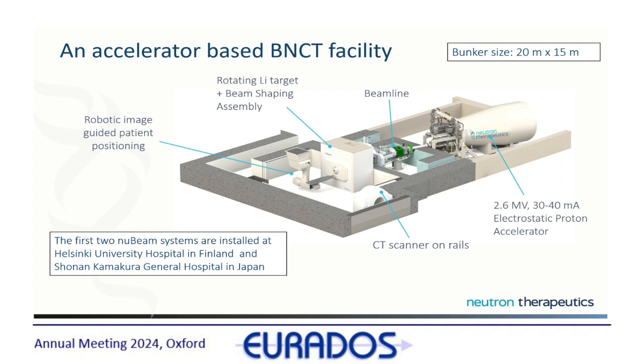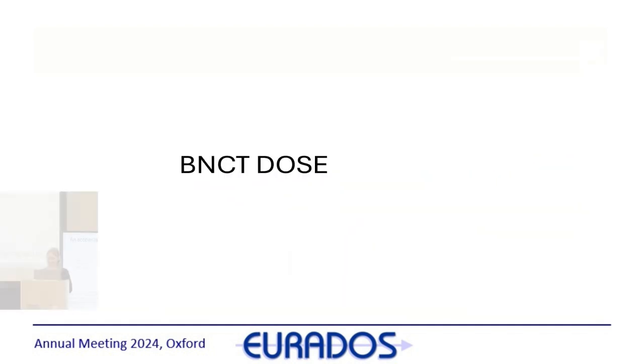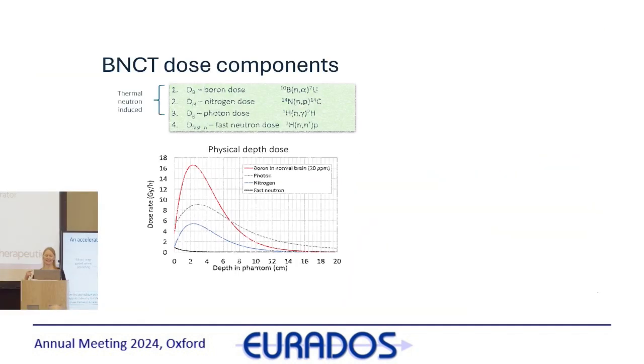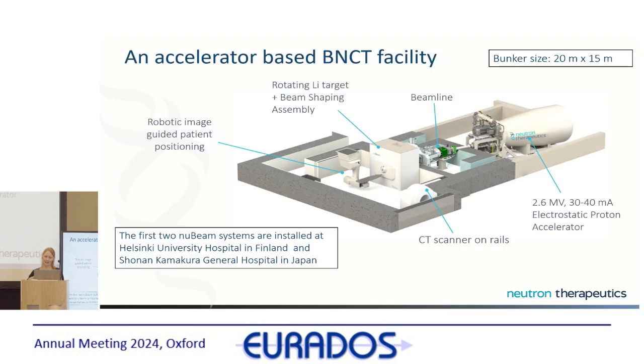These protons are guided to the treatment room. There is a beam shaping assembly, and inside it there is a rotating lithium target, which is used to produce neutrons. When these 2.6 MeV protons hit the lithium target, about 700 keV neutrons are produced, and they need to be slowed down to a 10 keV beam. That's why there is this beam shaping assembly.